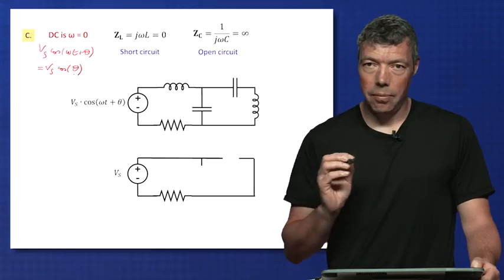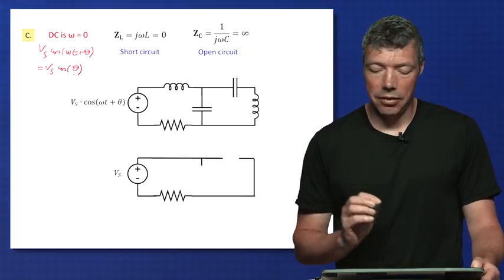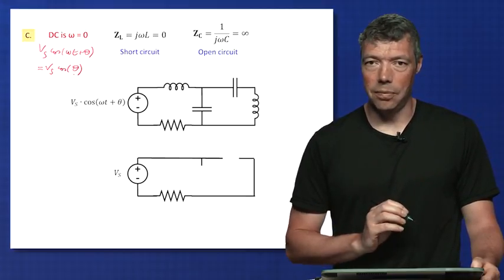Another interesting thing is that I can look at omega equal to 0. And what is omega equal to 0? That's just DC. And the way to look at this is, well, if omega is equal to 0, this time waveform is just a constant, basically DC. When omega is equal to 0, my impedances for my inductor and capacitor become short circuits and open circuits.